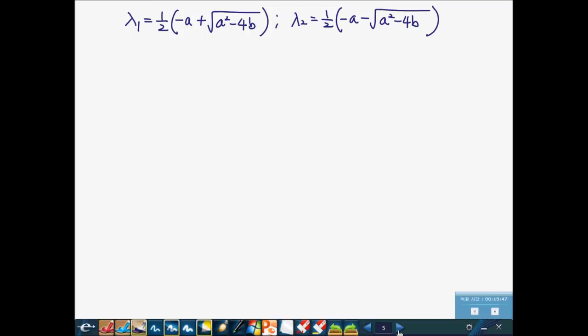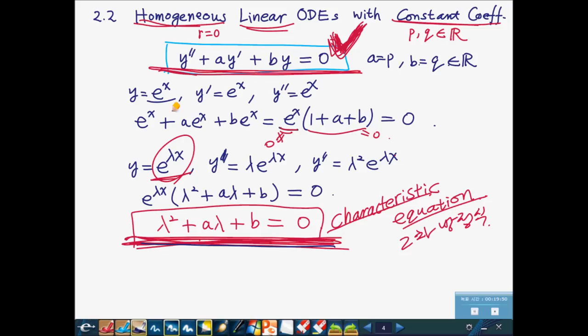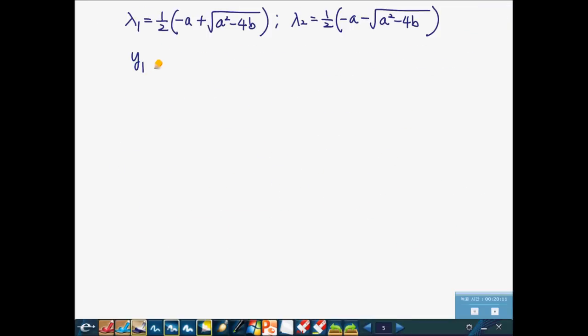And then, since we started with this assumption, y is e to the lambda x, and we have 2 lambdas, our y1 is e to the lambda 1 x, which is e to the one half of minus a plus square root of a square minus 4b, times x.